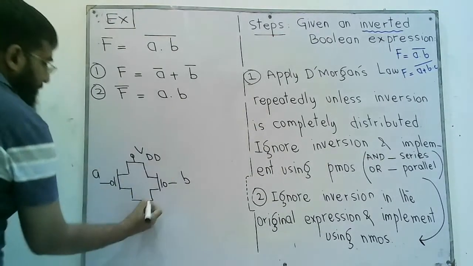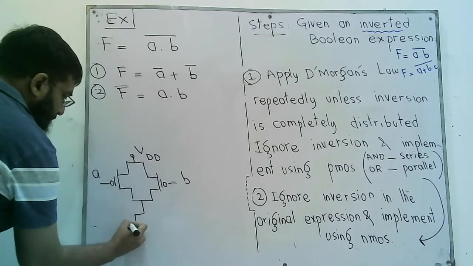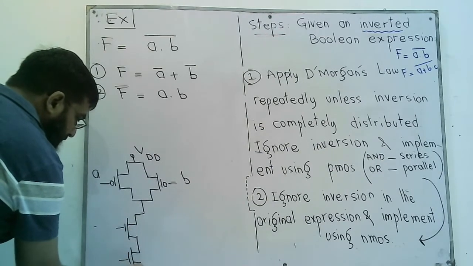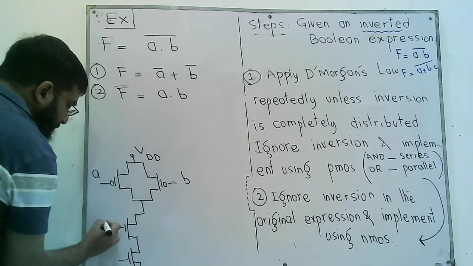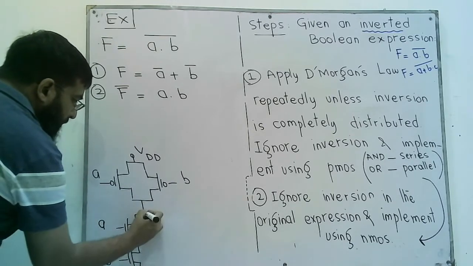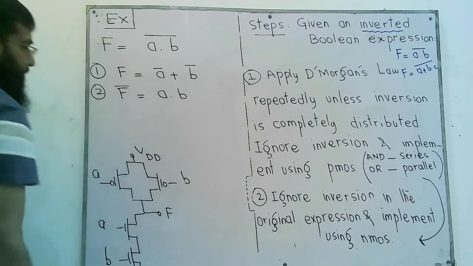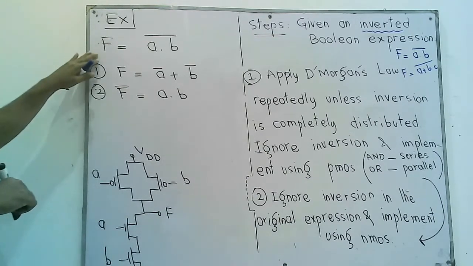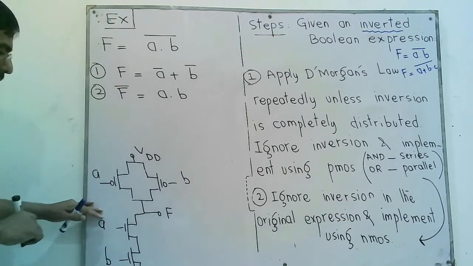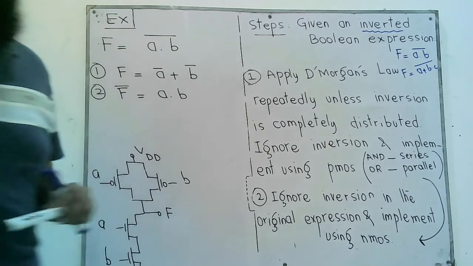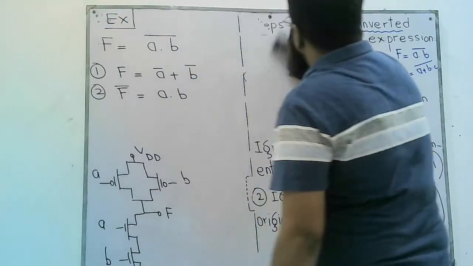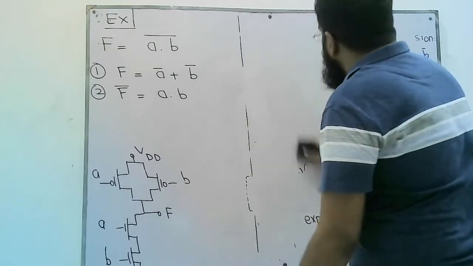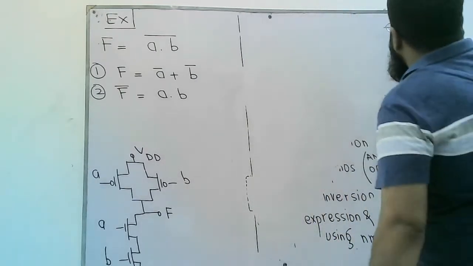So it's an AND operation, and we'll have two transistors connected in series, with inputs A and B and the output F. This is how we can implement a simple Boolean expression using CMOS by following these two simple steps.